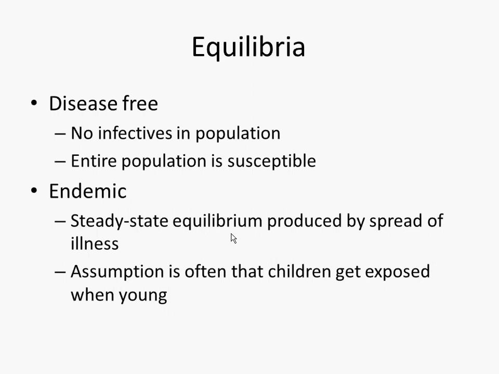Endemic equilibria, by contrast, we often want to be unstable. We want to be able to nudge it out of that and have it go away, for example, go towards a disease-free equilibrium. But all too often what happens is our disease-free equilibria are unstable and our endemic equilibria are stable. It's sucking towards the endemic equilibrium.